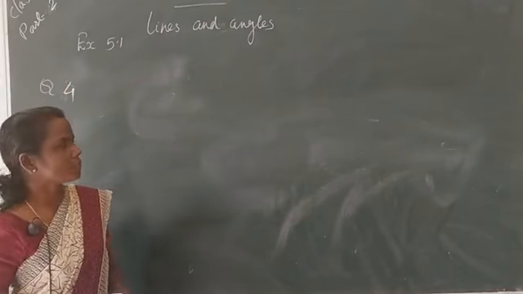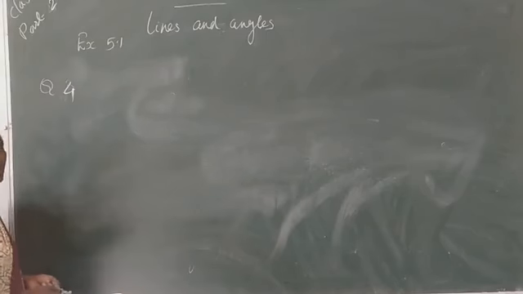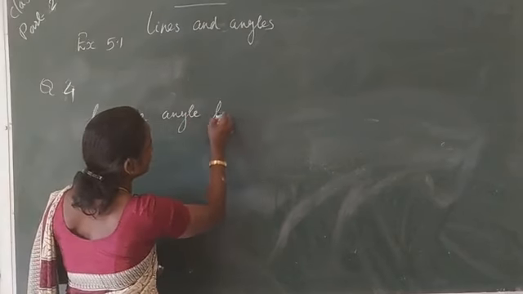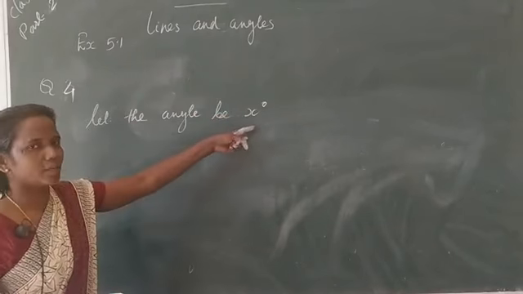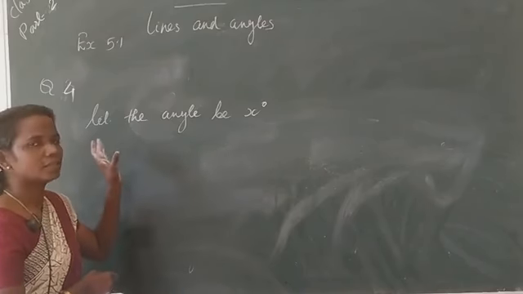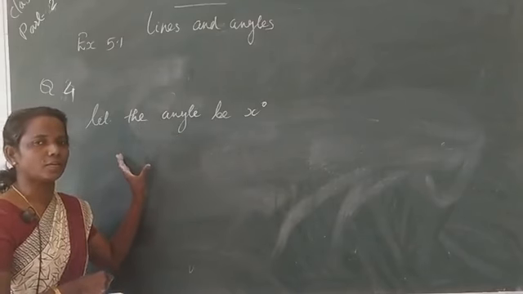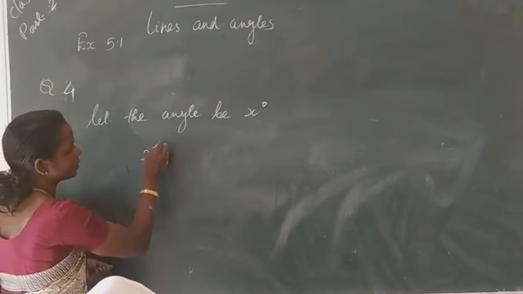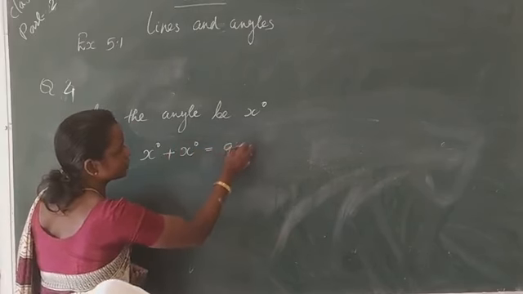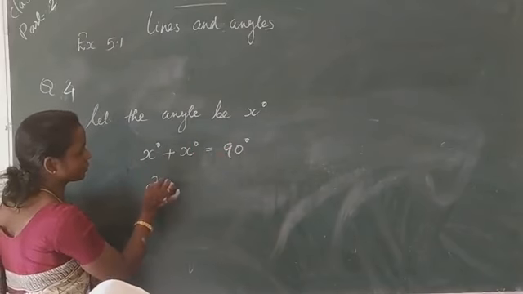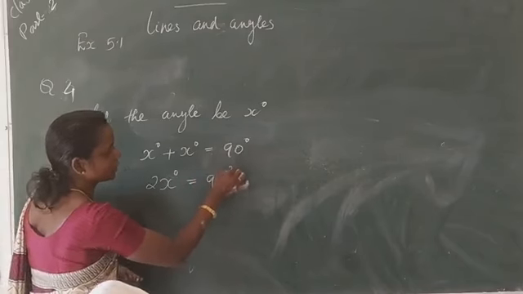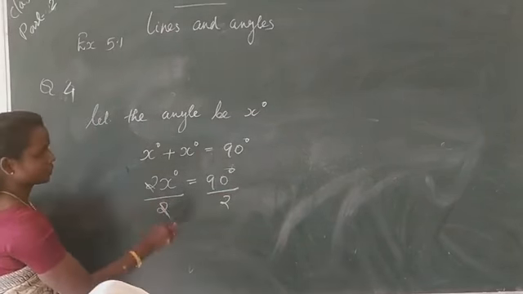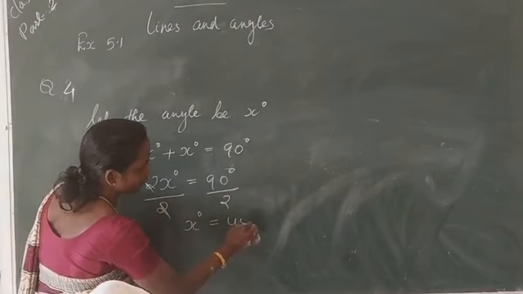We know the sum of complementary angles is 90 degrees. Let the angle be x degrees. The sum of the two angles is 90 degrees and the angles are equal, so x degrees plus x degrees is equal to 90 degrees. 2x degrees is equal to 90 degrees. Dividing by 2, x degrees is equal to 45.